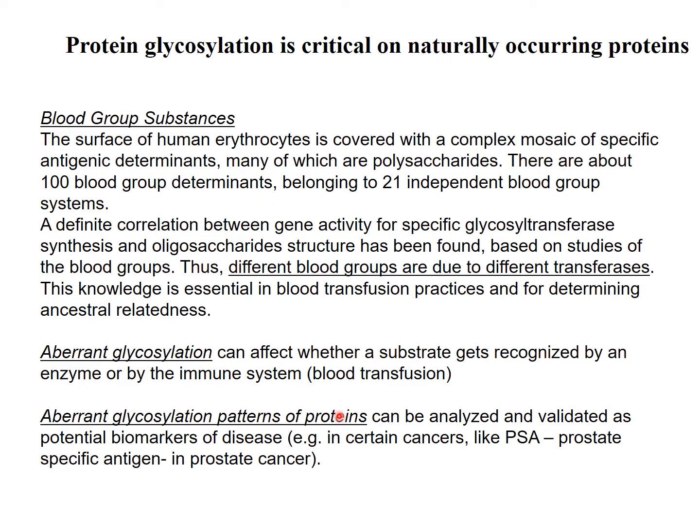It is also important that in certain cancers, this glycosylation pattern is changing, and we can detect it and it can serve as a marker. So I just put here that PSA, prostate-specific antigen, starts to be synthesized by prostate cancer cells with a different glycosylation pattern, and we can detect it, and it's very important for early detection of prostate cancer.